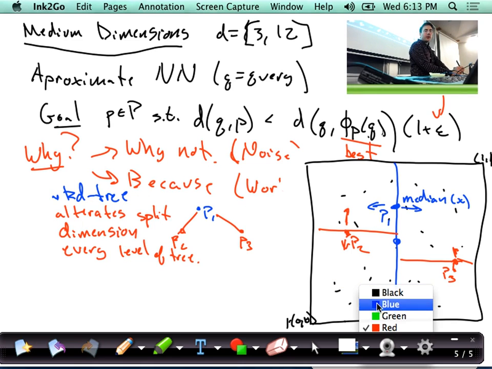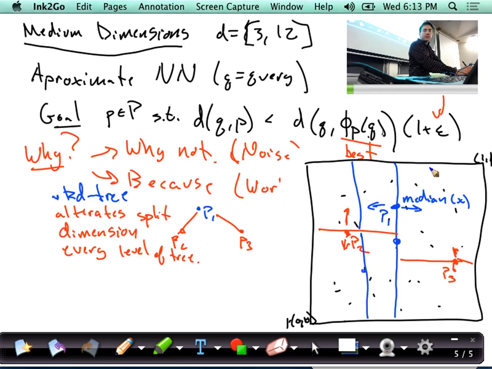Let's say I kept doing this all the way down. The next level splits through here, and note that the split does not have to be the same point; here it happened to be just because my drawing skills are mediocre.